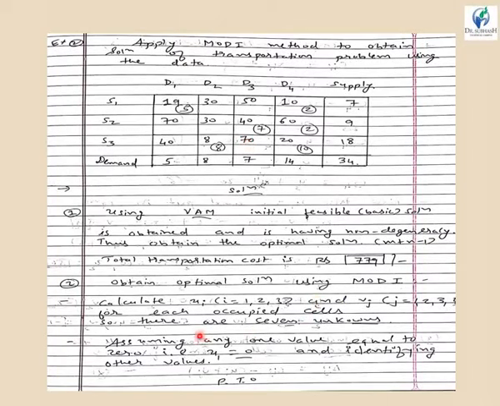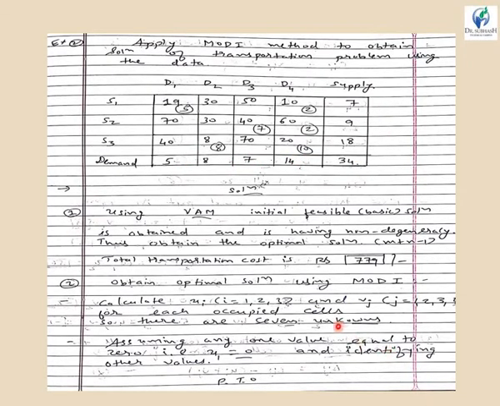Now the second step, obtaining the optimal solution using the MODI method, as we have seen in our first example. So calculate Ui and Vj of rows and columns for each occupied cell. There are 7 unknowns. Assuming any one value is equal to 0, we have to calculate for rows U1, U2, U3 and columns V1, V2, V3, V4.